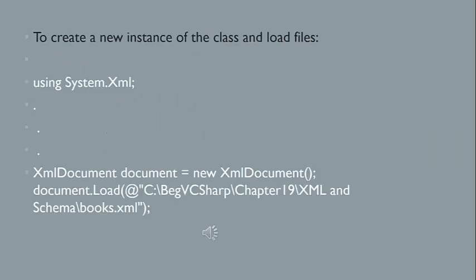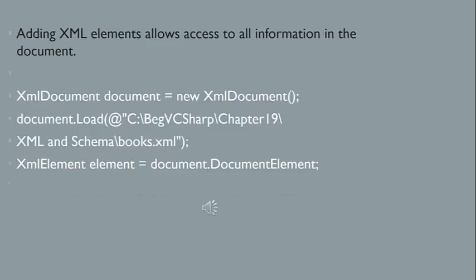To create a new instance of the class and load files: using System.Xml; XmlDocument document = new XmlDocument(); document.Load(@"the path to the file"); Adding XML elements allows access to all information in the document.